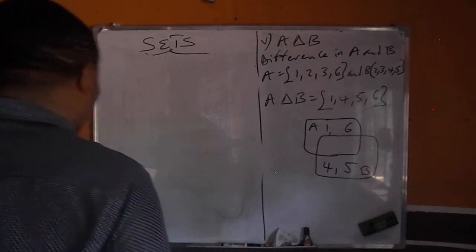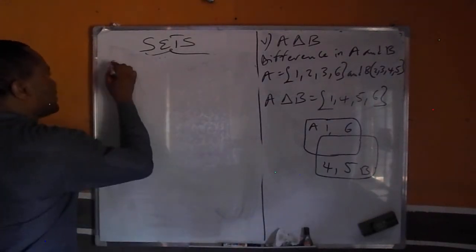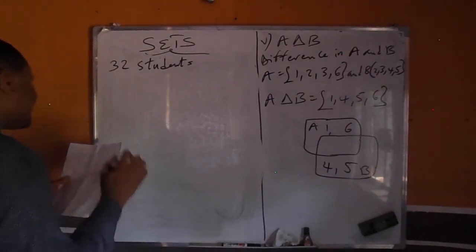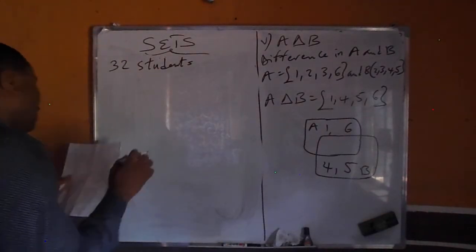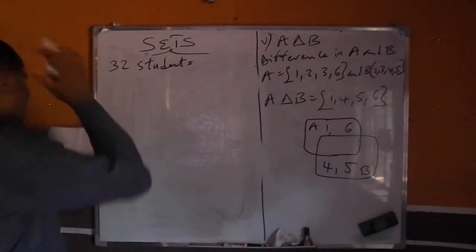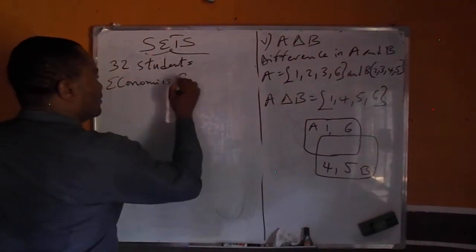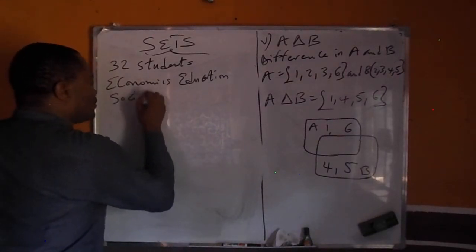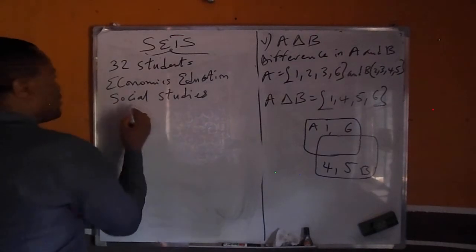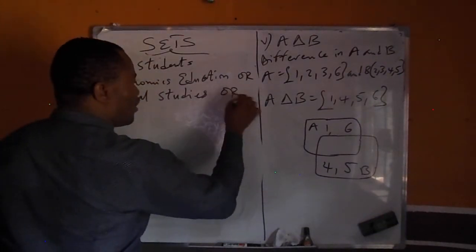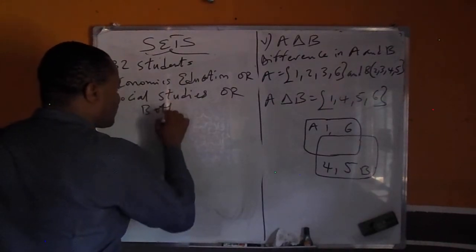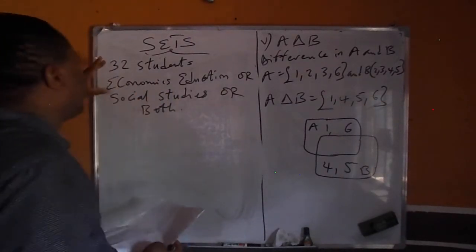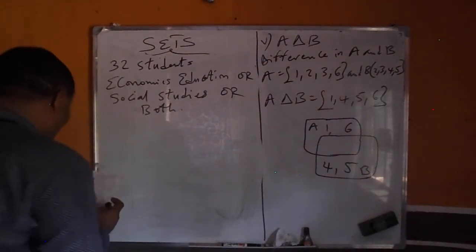A question says that in a social science department of 32 students, a student can either study economics education, or social studies, or both. That is out of a class of 32 students.